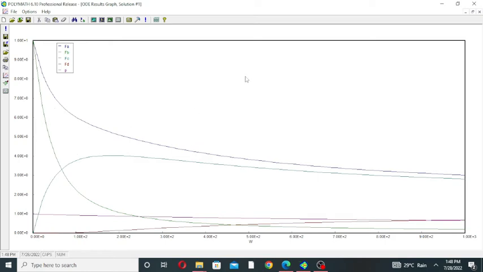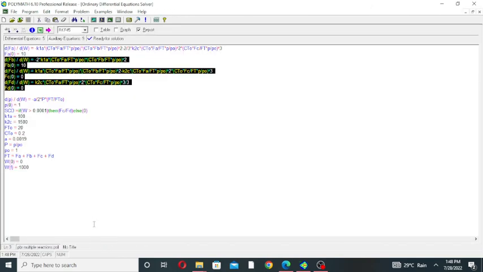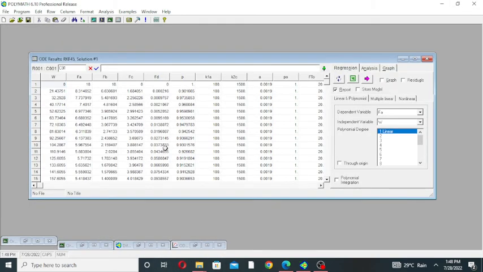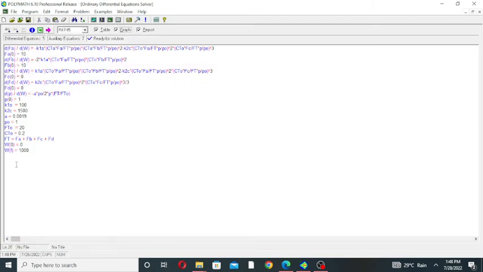Now I am writing another equation also in this POLYMATH, for the selectivity.